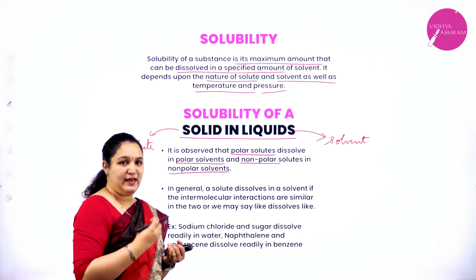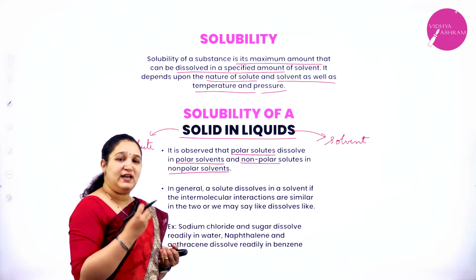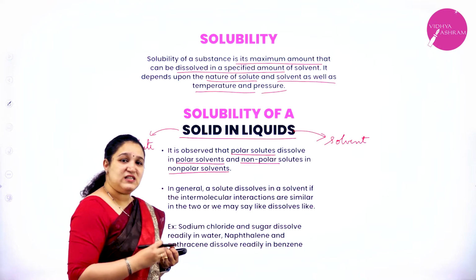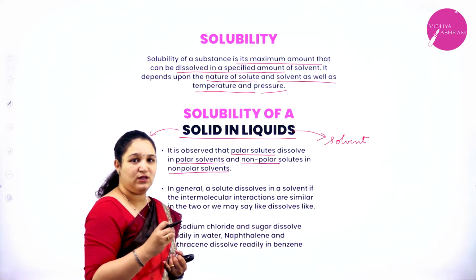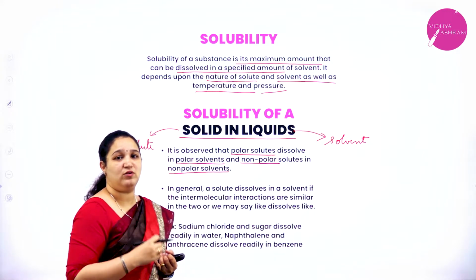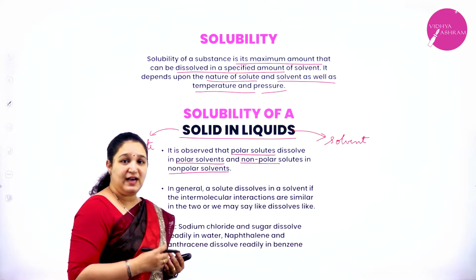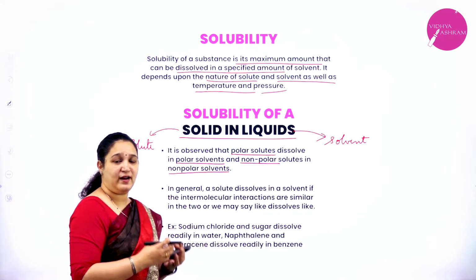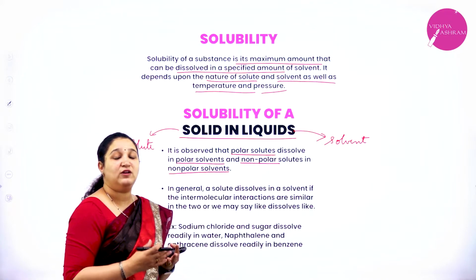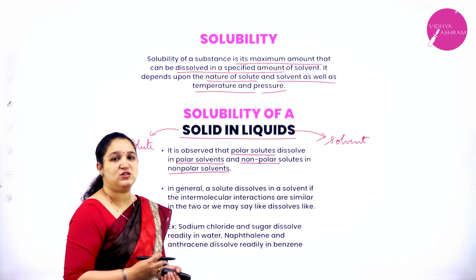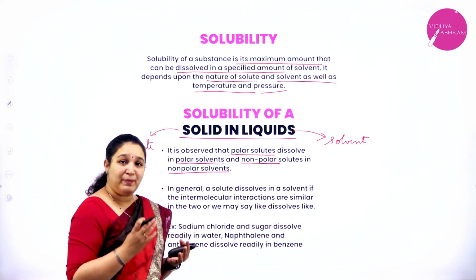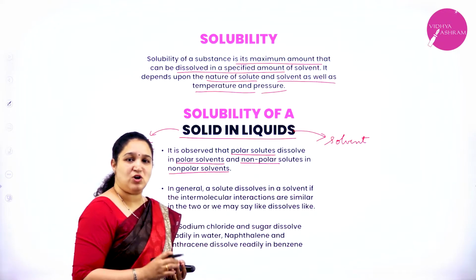So it has got polarity, Na plus Cl minus. So if I take sodium chloride, it will easily dissolve in water which is a polar solvent, correct? Whereas if I take sodium chloride and try to dissolve in benzene, it will not be soluble. You cannot dissolve there because benzene is non-polar solvent.